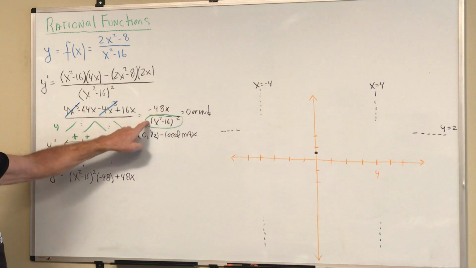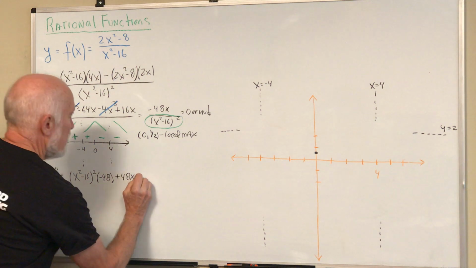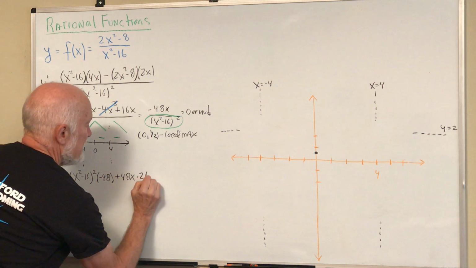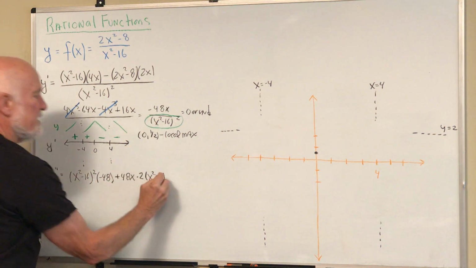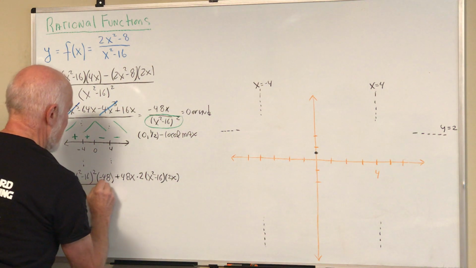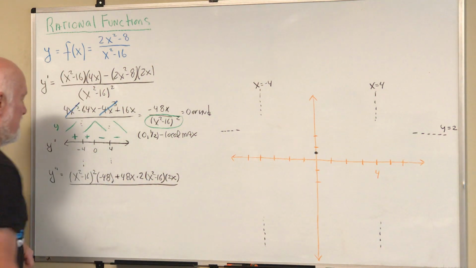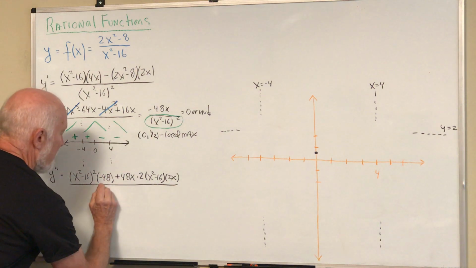Well, to take the derivative of the bottom, we have to do the chain rule. So we go 2 times x squared minus 16 to the first power times 2x, all over the denominator squared. So we get x squared minus 16 to the 4th power.